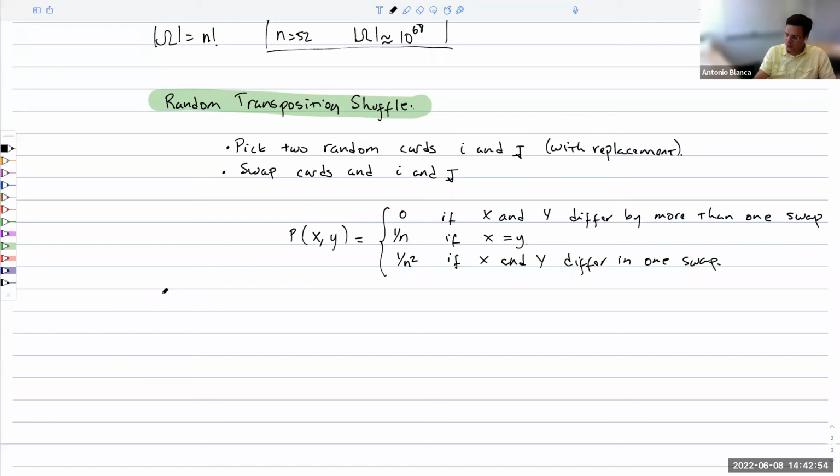There is another one, which is essentially exactly what you would guess. You take the top card and set it in a random position, and you keep doing that. Take the top card and insert it in a random position.